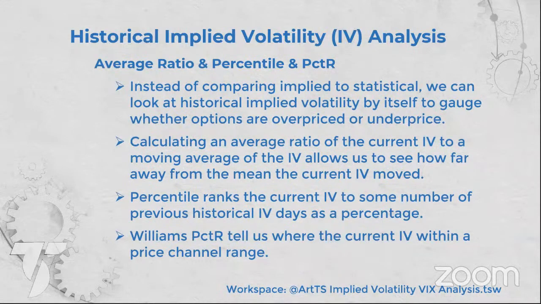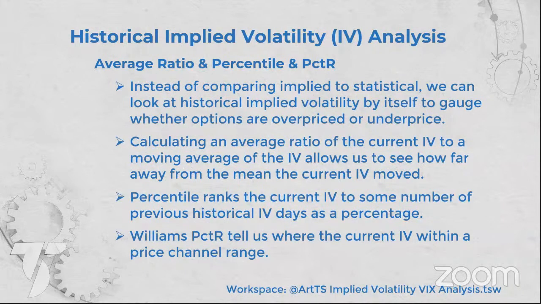So I look at it with those 3 indicators, and you'll see that in the chart that I'm going to show you. You're probably wondering why I'm using 3 different indicators to calculate pretty much the same thing. And the reason is that options traders typically look at percentile. And percentile is the one that I like the least of all three of these.